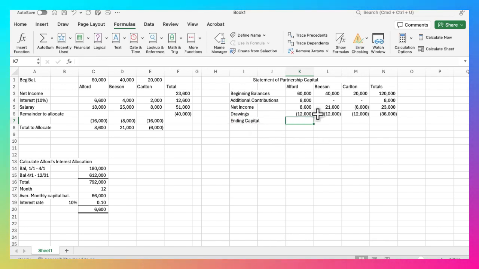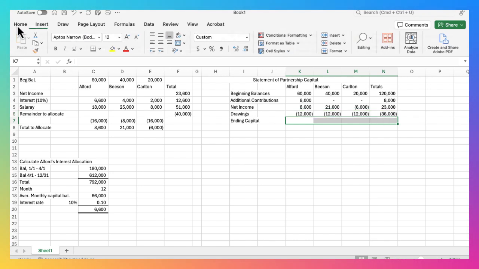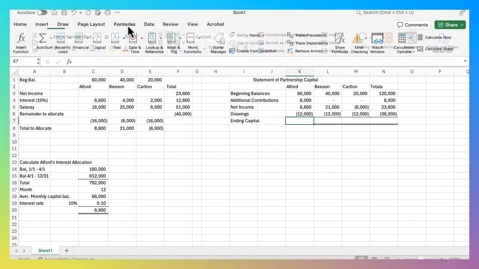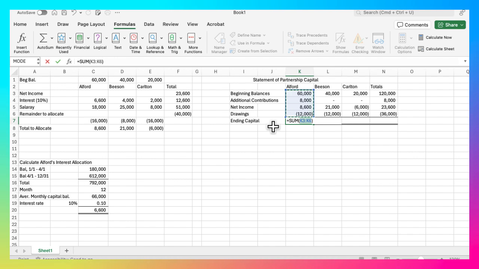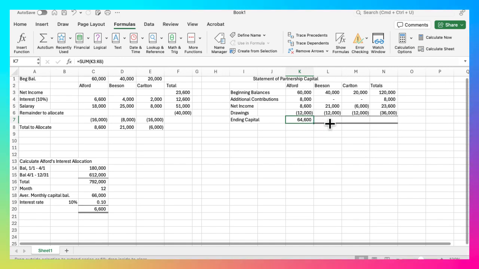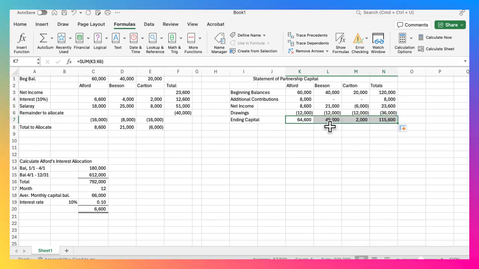To do that, all we need to do is sum everything up. And we get an ending balance for Alfred of $64,600. And the same goes for Benson, right? Benson's ending capital is $49,000, while Carlton's ending balance is $2,000.